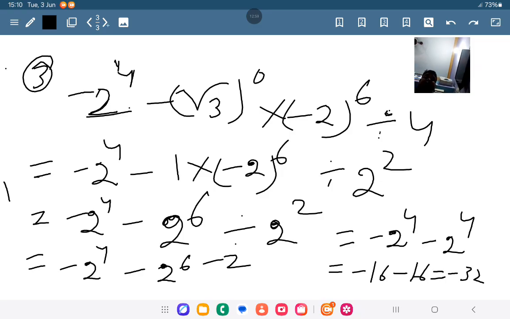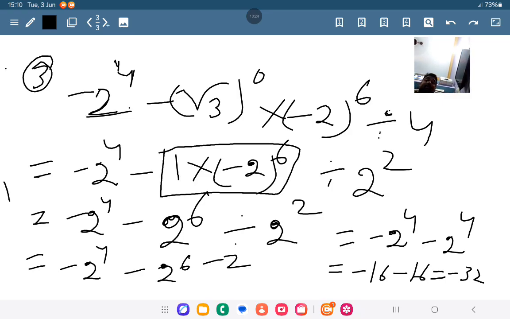Here 1 into minus 2 to the power 6 divided by 4 is 2 to the power 2. Again, I have just copied minus 2 to the power 4. Here I have written minus 2 to the power 6. So I think it may be the problem for you.